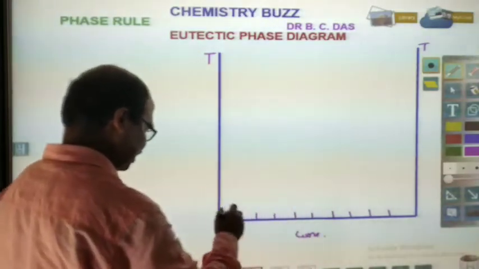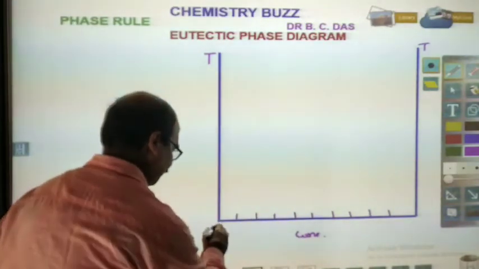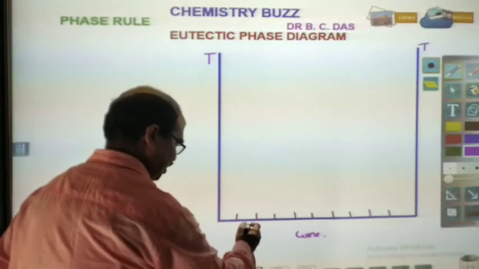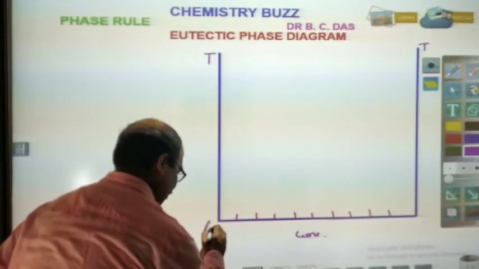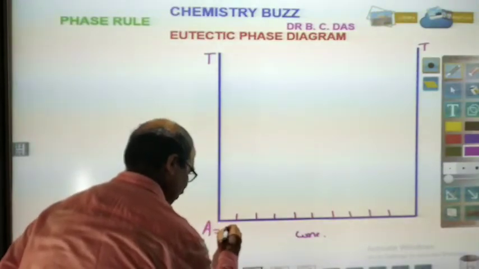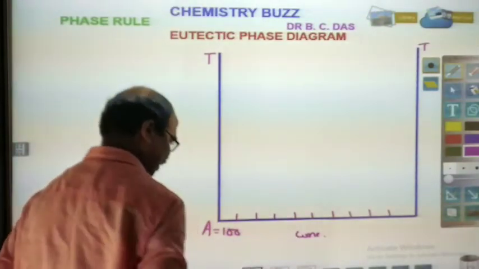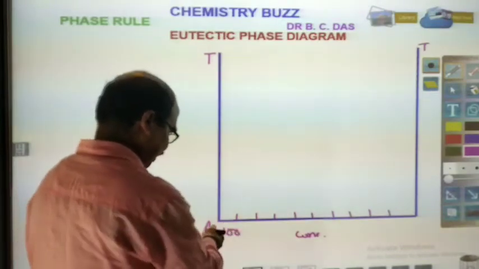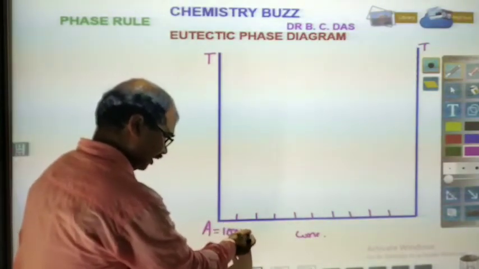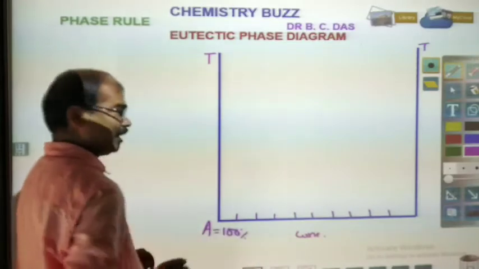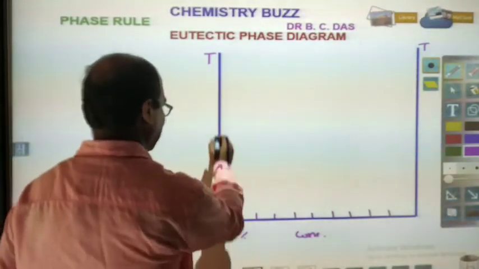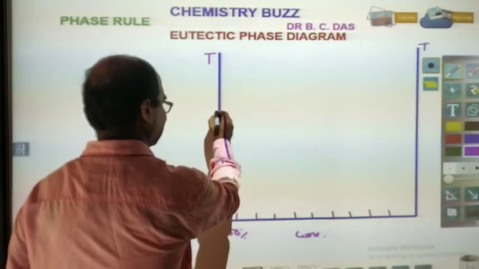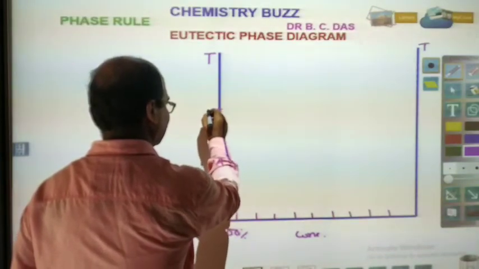For convenience, here I have taken the percentage composition. Say we have taken two substances, A, so it is 100 here. So A is 100%, which implies it is a pure substance. Say the melting point of A is somewhere here.